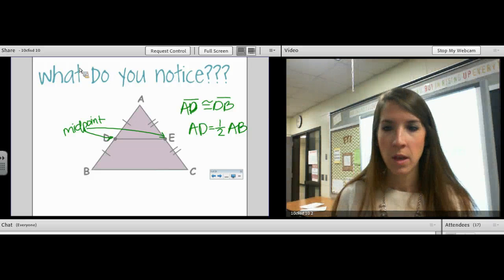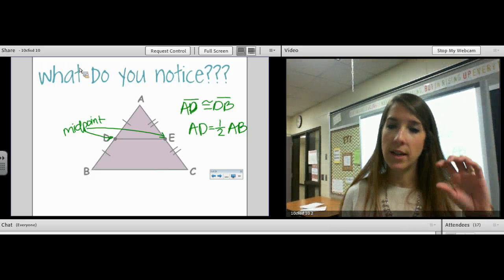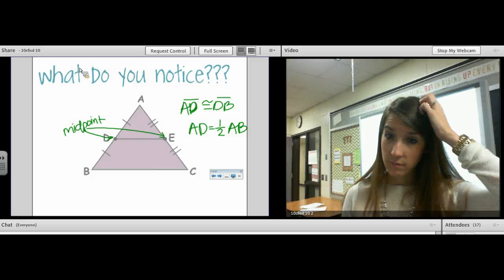Right, very good. So AD is the same as DB, whereas AD is half of AB, if those two are the same.